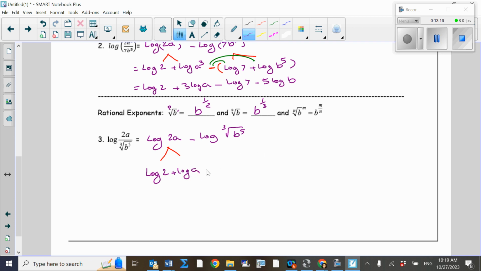And the second one, I know that based on what we just talked about, I have third root of b to the power of 5. I can rewrite that as b to the power of 5 over 3. So this number goes to the top, the index goes to the bottom. Now I have an exponential here, and I'm going to move this power to the front of the log. So I'm going to rewrite as log of 2 plus log of a minus 5 over 3 log of b. So now this is expanded.